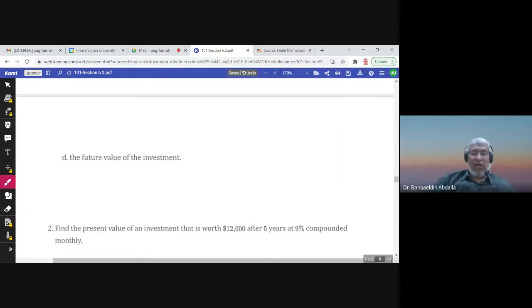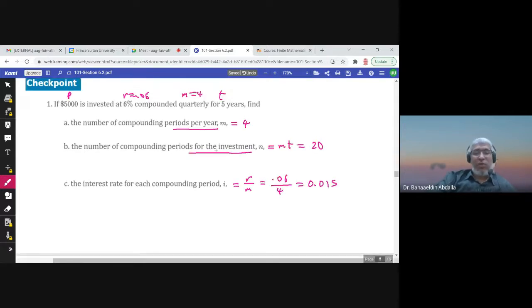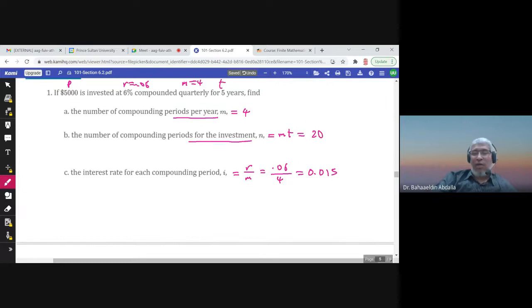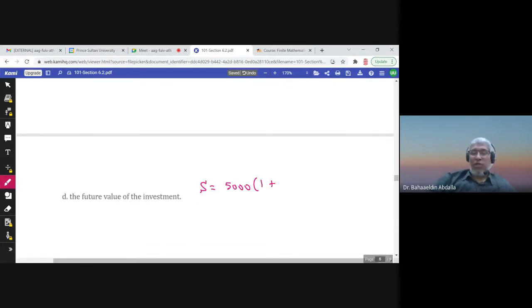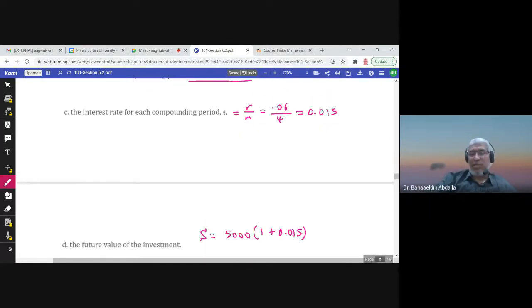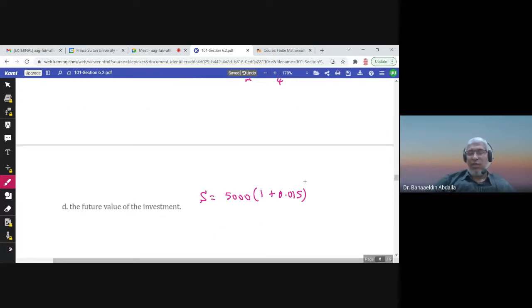The future value. Well, the future value is S. What is P? P is 50,000. 1 plus I, which is 0.015, to the power N, which is M times T, 20.